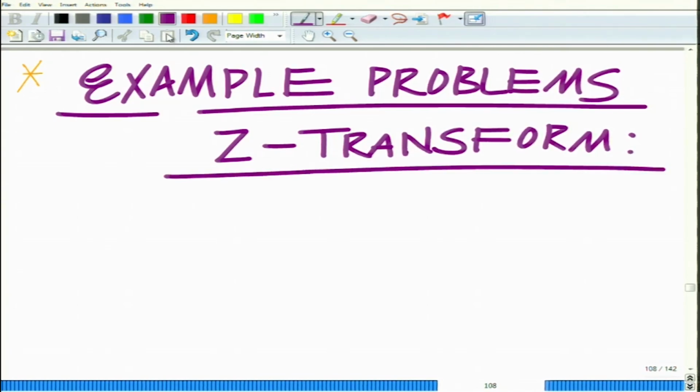We are looking at example problems for the Z transform, and let us look at the last example, example number 9.